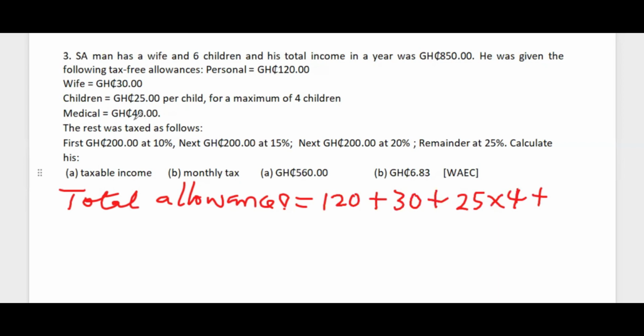Medical is 40 Ghana cedis. So if you add all these together, it's 120 plus 30 plus 25 times 4 is 100, plus 40. That will give us 290 Ghana cedis.